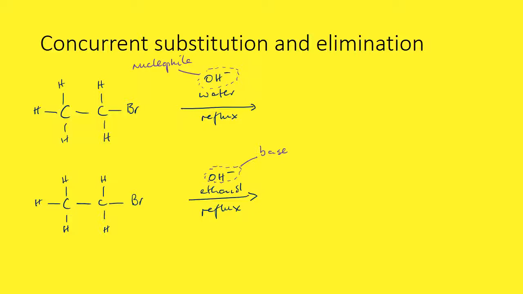Okay, so let's do the reaction mechanism for substitution first. And let's start by putting our partial charges on there. So we're going to have delta negative bromine and a delta positive carbon. So let's draw our nucleophile in.